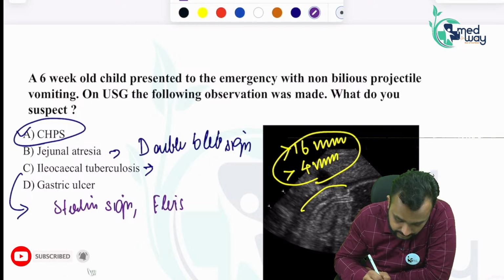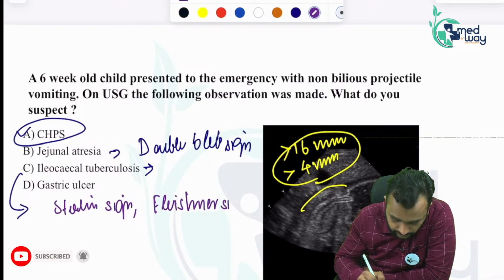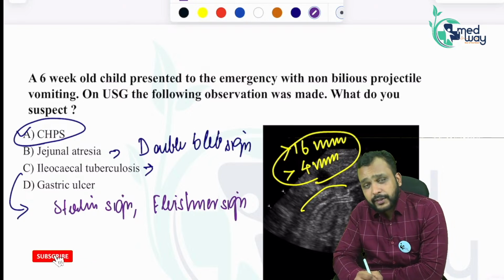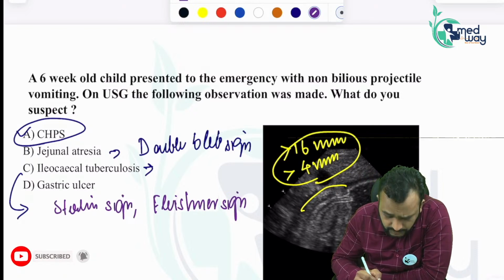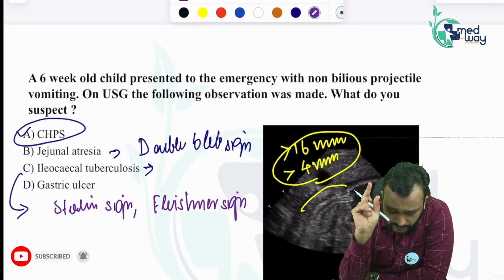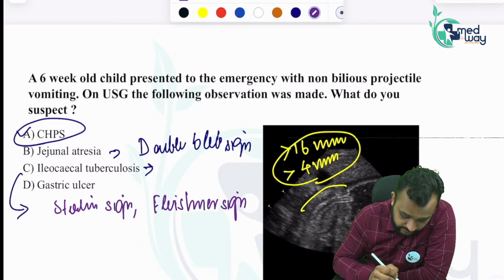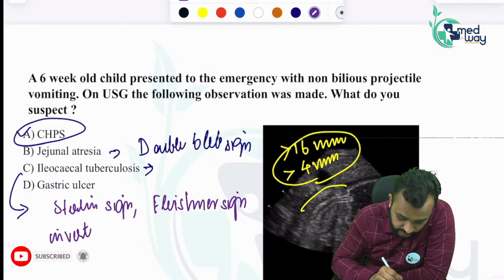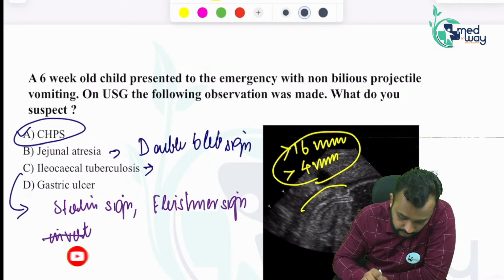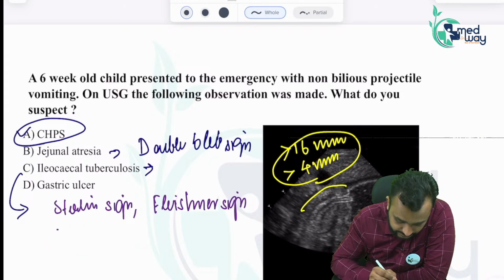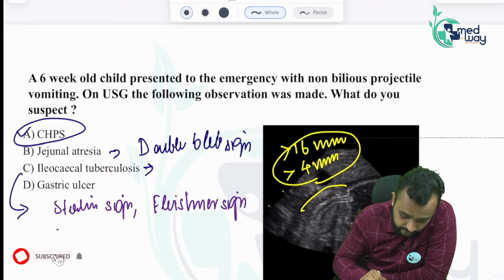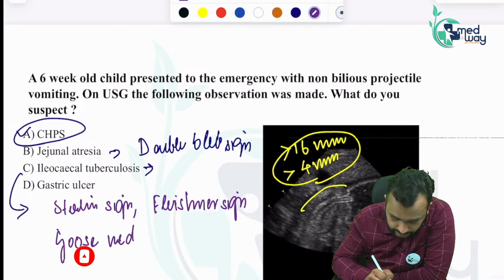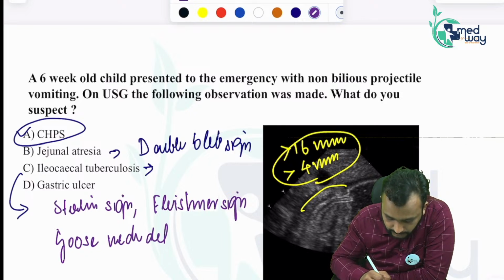There will be the Fleischner sign, in which there is widening of the ileocecal angle, with gaping of the ileocecal valve. Fleischner sign is also known as the inverted umbrella sign. Then you have goose neck deformity, that is due to the widening of the ileocecal angle.